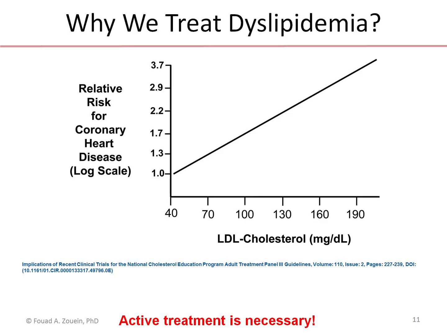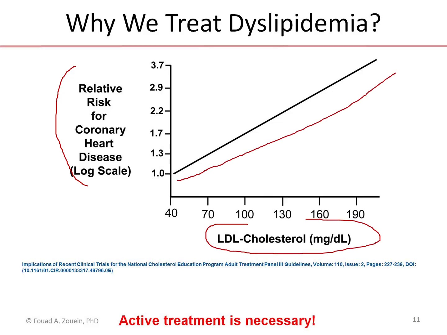So this is another reason why it's very important to intervene and treat dyslipidemia, because you see, this is published by the National Cholesterol Education Program, which shows here that the relative risk for coronary heart disease is almost 100% proportional with LDL cholesterol level.